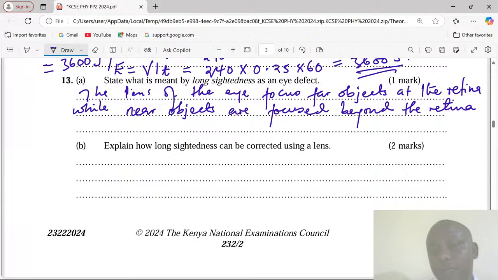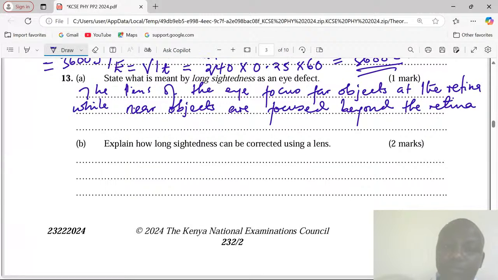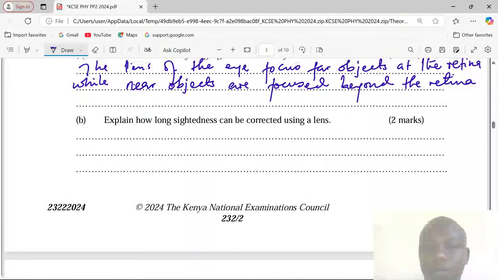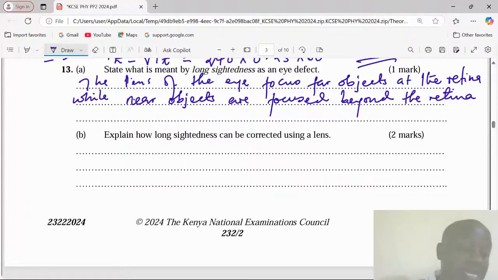The screen where images are formed is the retina, therefore if the rays are converging beyond the retina, then there is a problem.